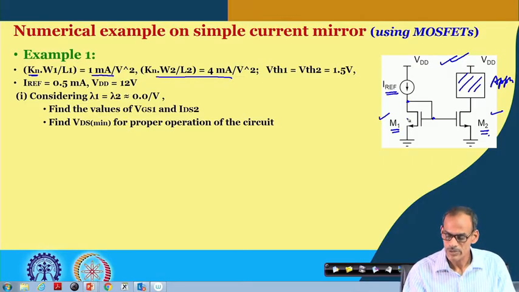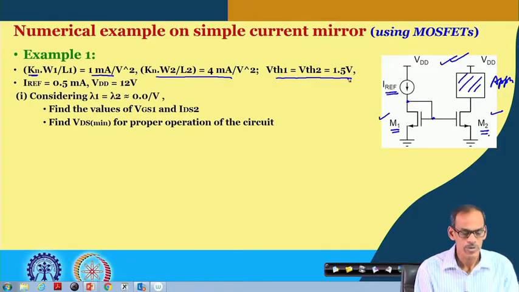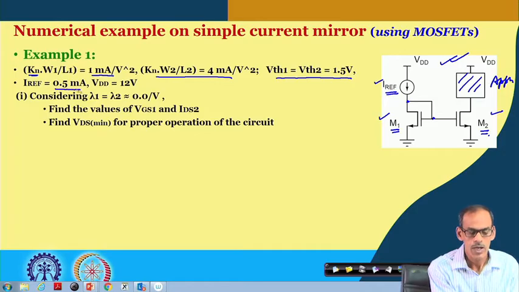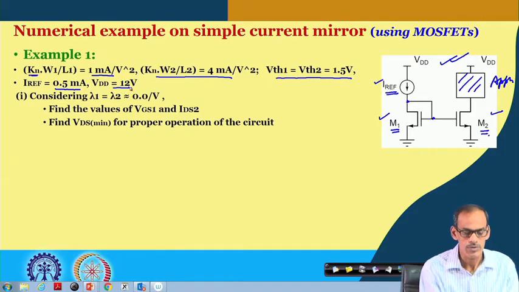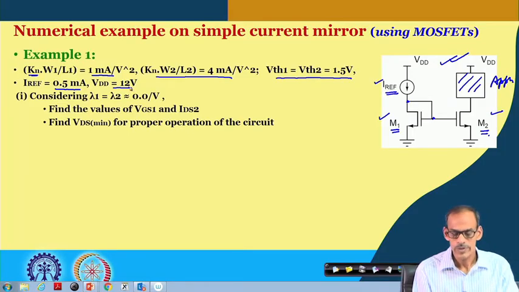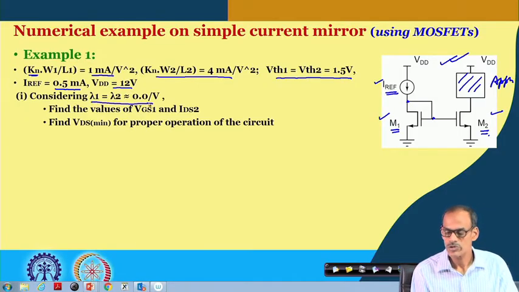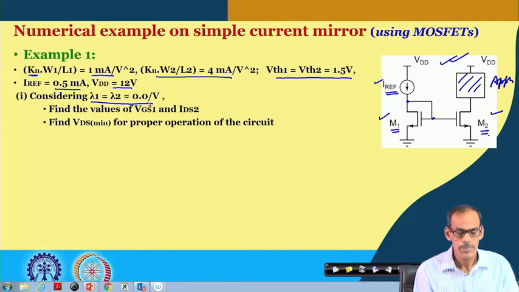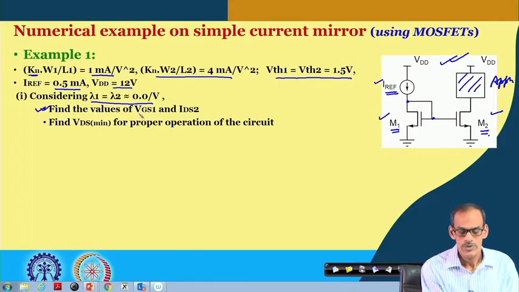Let me assume that both transistors have equal threshold voltage of 1.5 volt, the reference current is half milliampere, and the supply voltage is 12 volt. To start with, let me go with the simpler version, ignoring the lambda effect, considering both lambdas are very small, and let me try to find the values of VGS1 and IDS2.